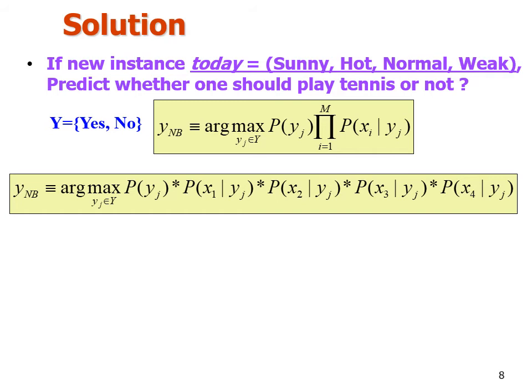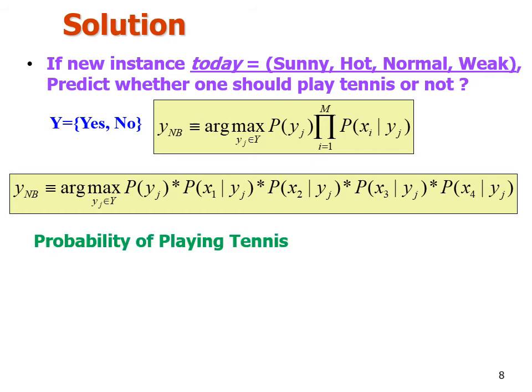So this expression is simply the extension of our generic formula. As here we are having m equal to 4 attributes, we have expanded this original expression of YNB using individual terms for 4 different attributes.